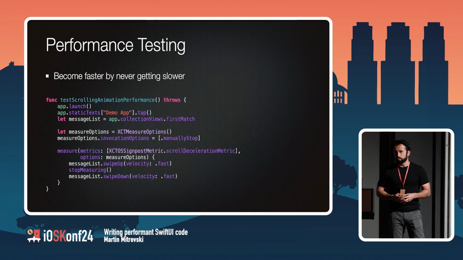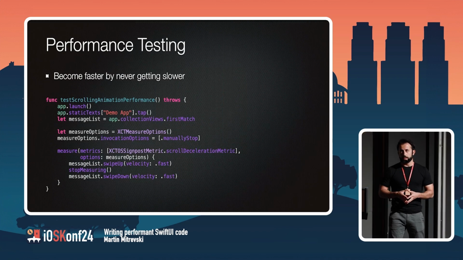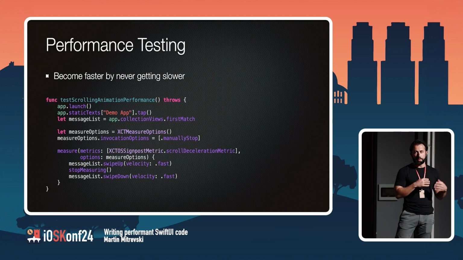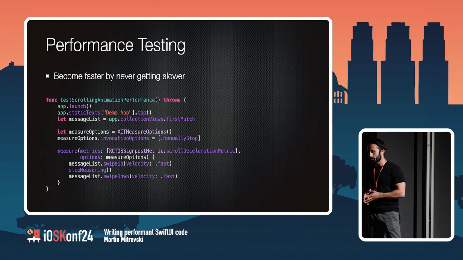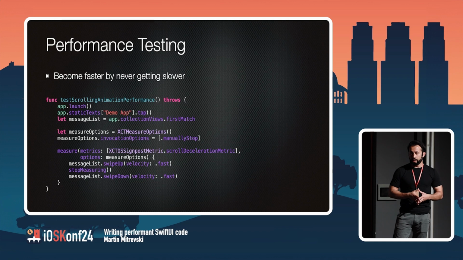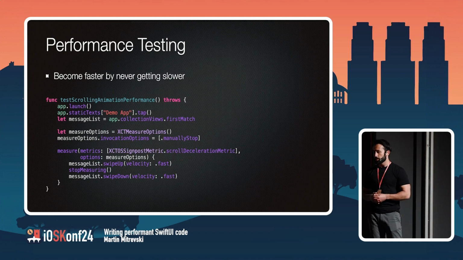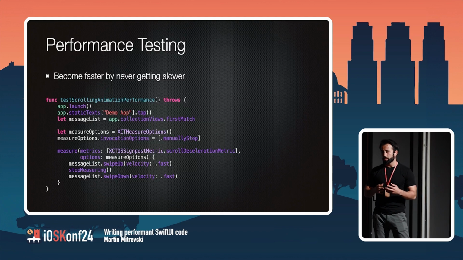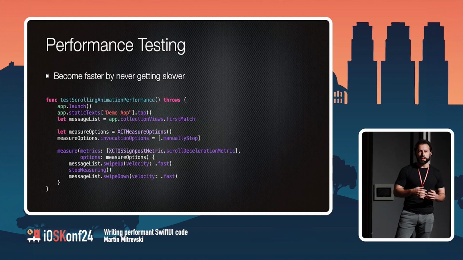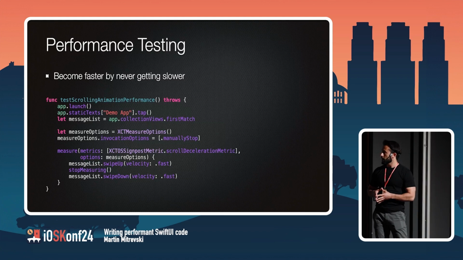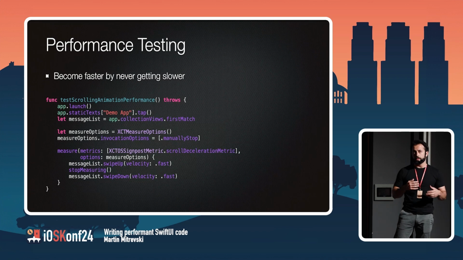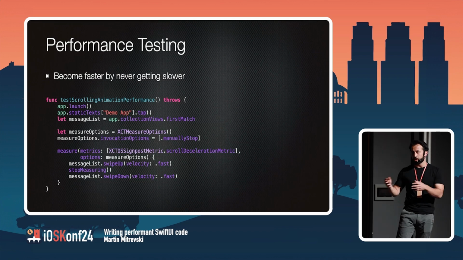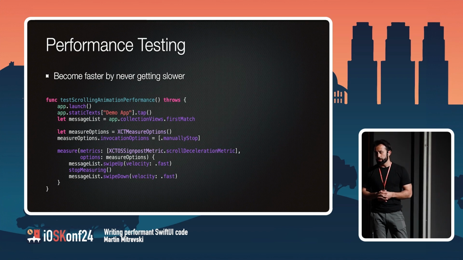Then when we do the performance updates, we are happy with our performance. Over time, we would probably make it slower again by adding new features. The best way to prevent this is to do performance testing. The idea here is basically to become faster by never getting slower. We do this by running performance tests on, for example, each PR before we merge to our main or develop branch.